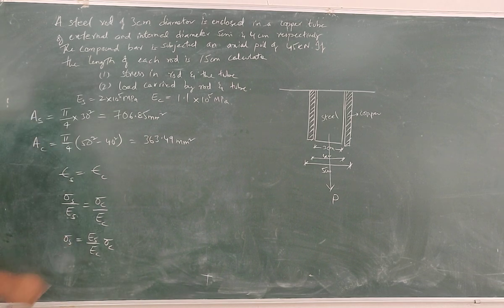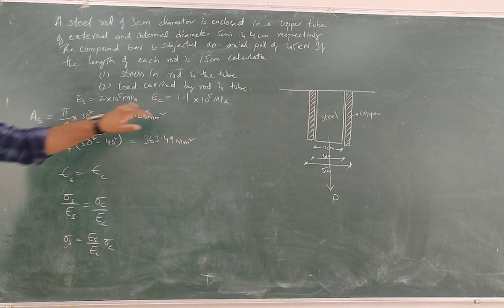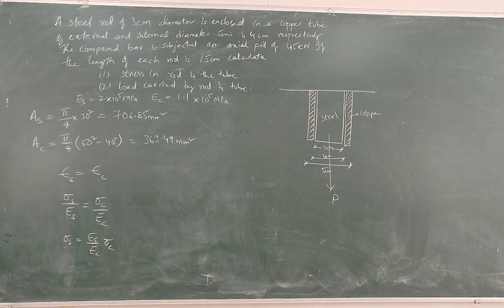What is ES by EC? You have the values for ES and EC. Substitute these two values here. 2 divided by 1.1, that is 2 into 10 power 5 divided by 1 into 10 power 5. 10 power 5 will be cancelled, 2 by 1.1, which is 1.81.